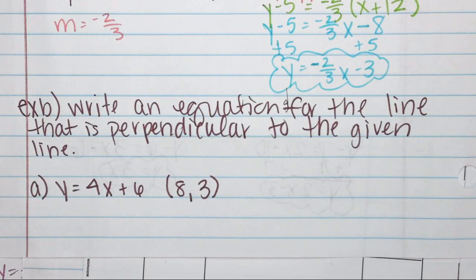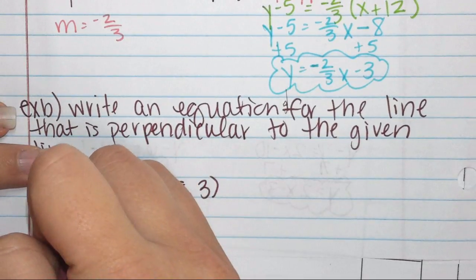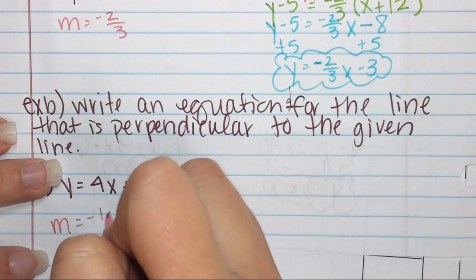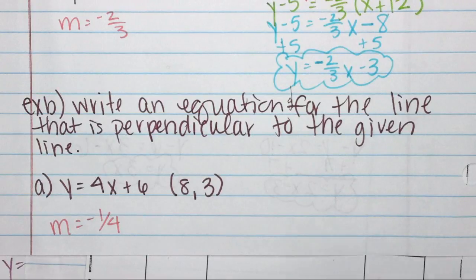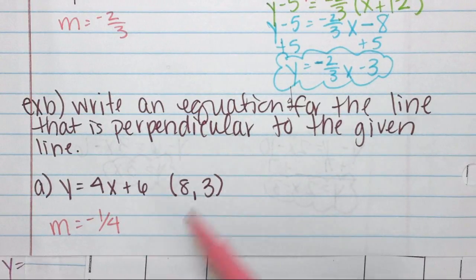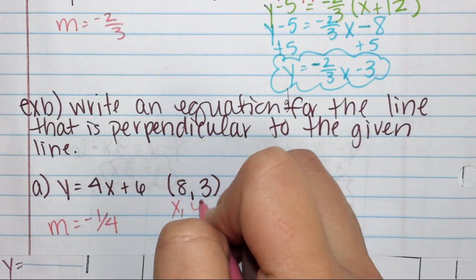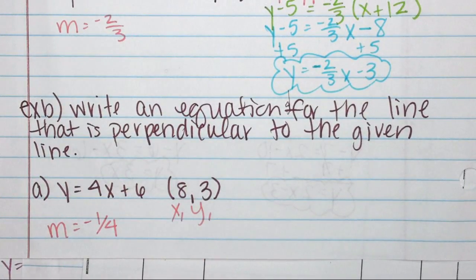So if our slope is 4 in our current equation, what would the perpendicular slope be? Negative 1/4. Good. Take a point. Can you plug it into point slope without me? Do it. Go. If we do this one, I'll let you get started on your homework. And we all do it correctly. We all have to do it correctly.